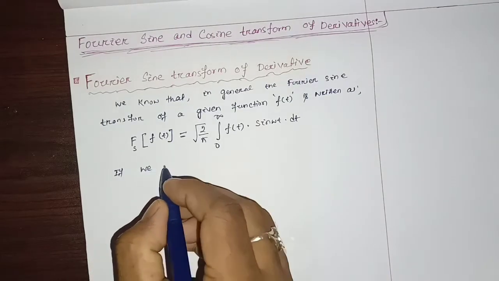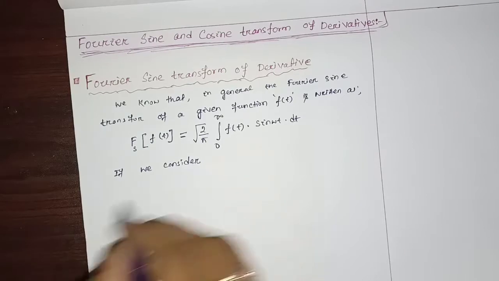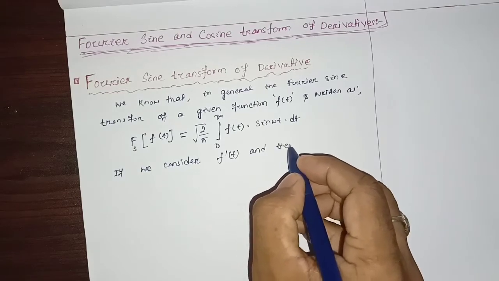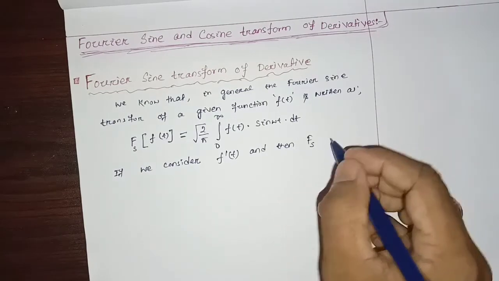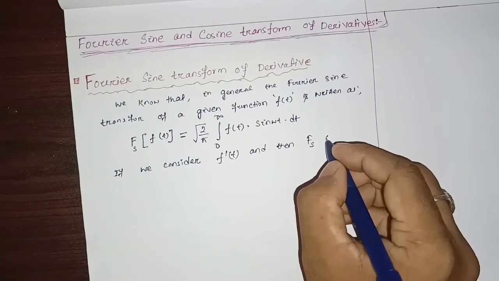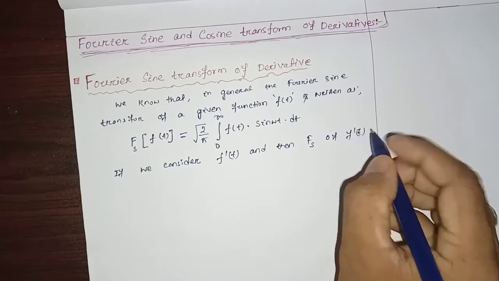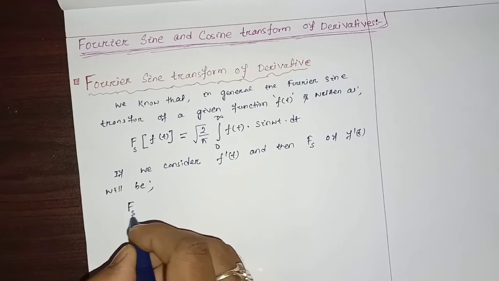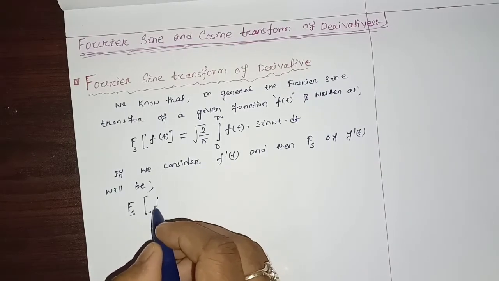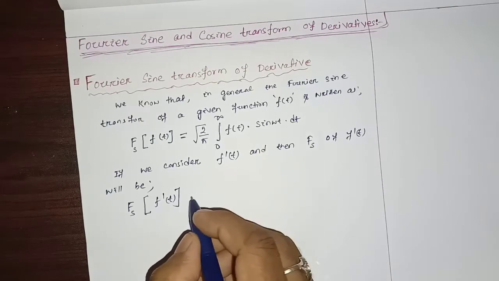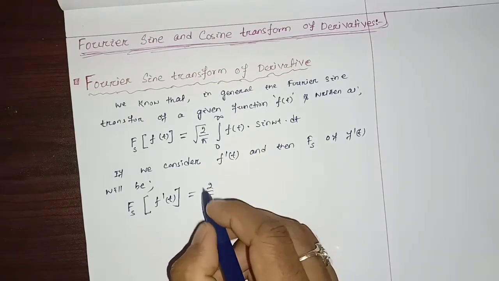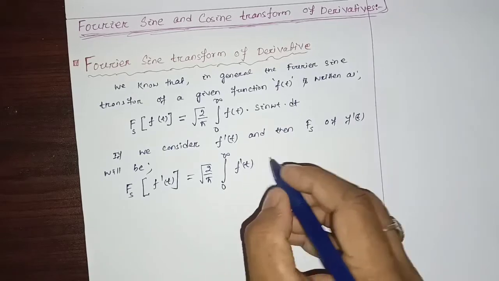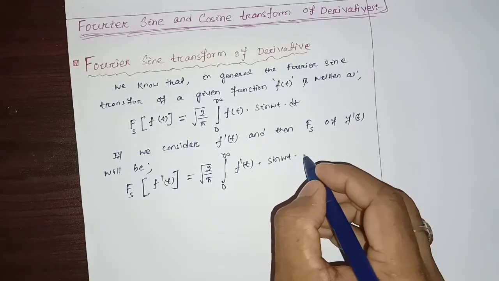If we consider f dash t, the Fourier sine transform of f dash t will be root over 2 by pi, integral from 0 to infinity of the first derivative of that function into sin(omega t) into dt.